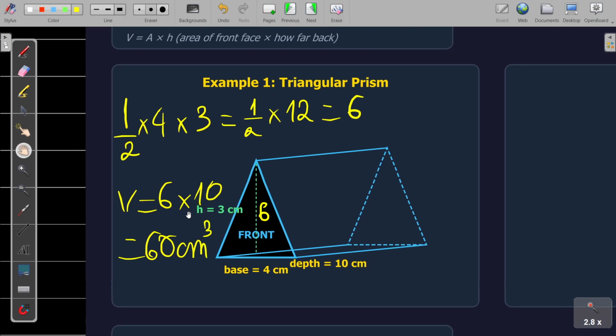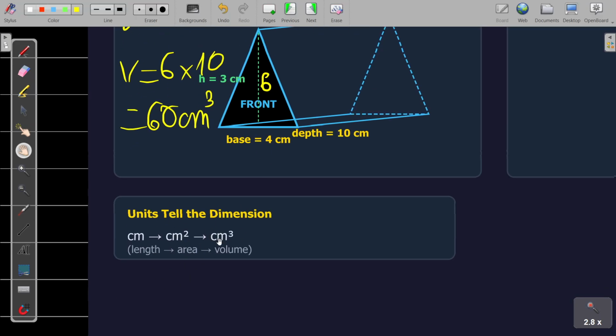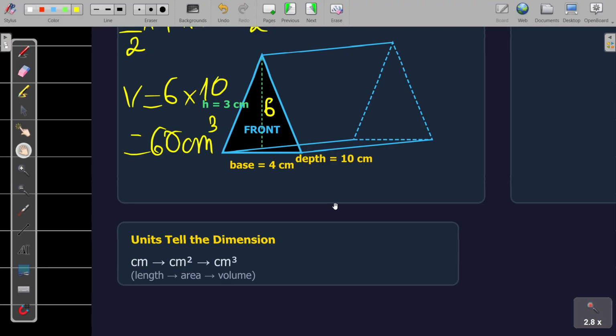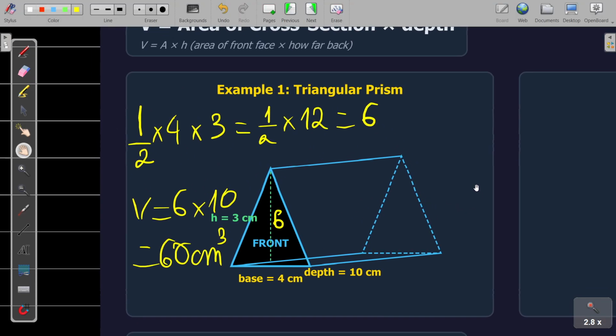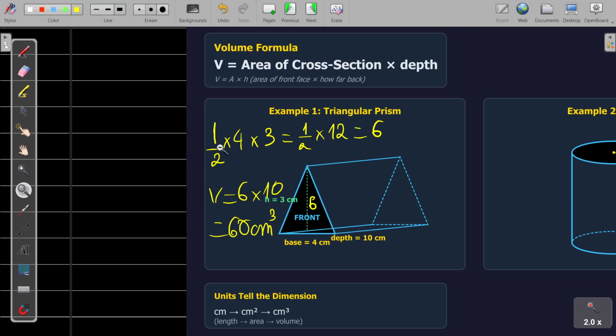This is a 3D space, so the units show it as well, with a little 3 on top. 60 centimeters cubed. These types of problems are pretty easy overall.